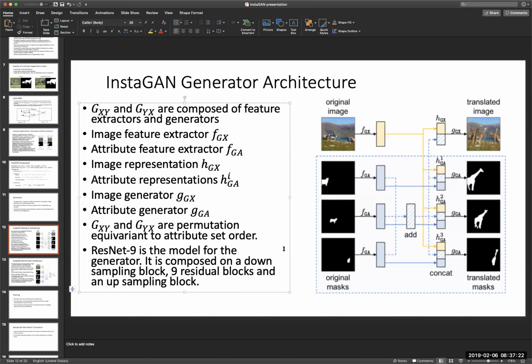And then we have the attribute generators, which, as before, produce vectors from masks. And as before, they're added together and concatenated with the image representation vector or feature vector. And then that concatenated vector is classified as X or not X.